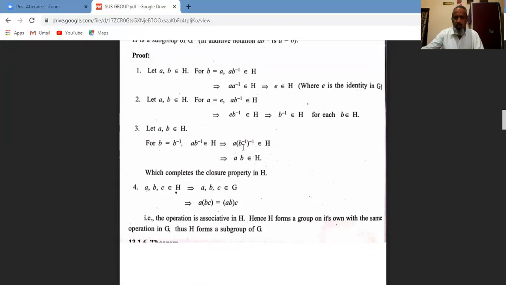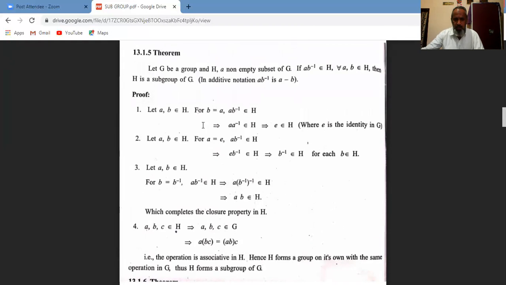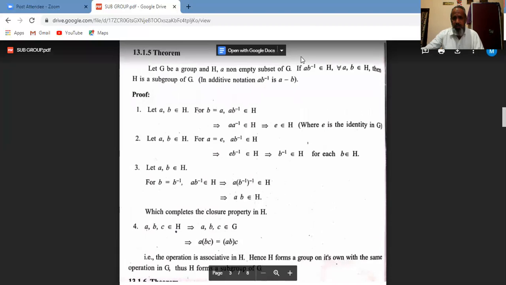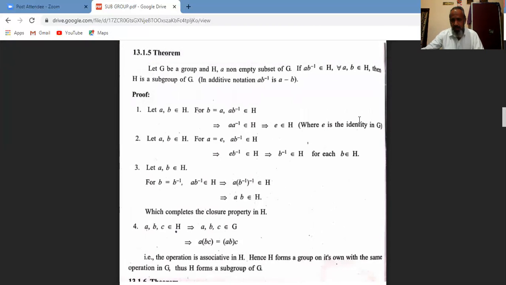So to prove H is a subgroup of G, this is the condition. If A, B belongs to H, then A into B inverse belongs to H. If this condition is satisfied in H, then we say that H is a subgroup of G. So by taking this condition, we are proving H has the identity element.